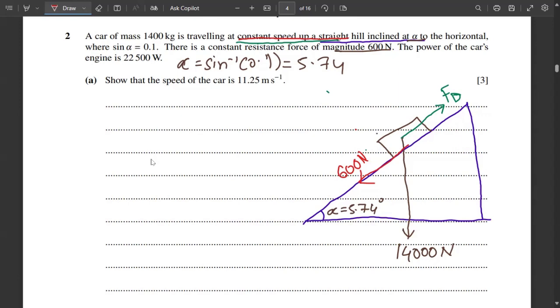The power of the car's engine is 2250 watt. And what does this power indicate? Power of the car is nothing but it leads to the driving force of the car. Because the engine exerts power, there is some driving force that the car is exerting. Now we need to show the speed of the car is this much.